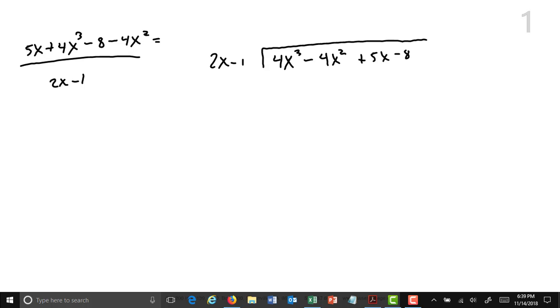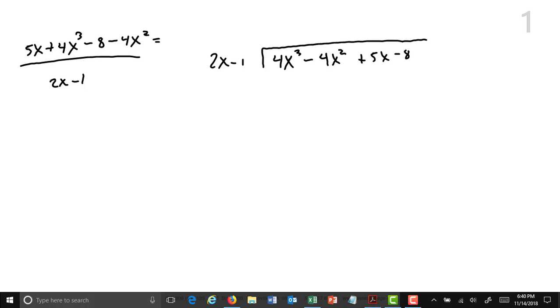Now, the first thing I do is I ask myself, what do I have to multiply 2x by to get 4x to the cube? Well, what do I have to multiply 2 by to get 4? 2.